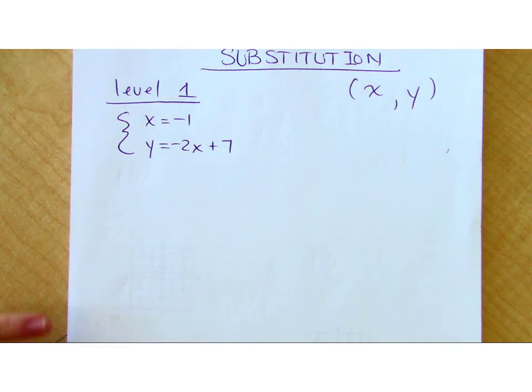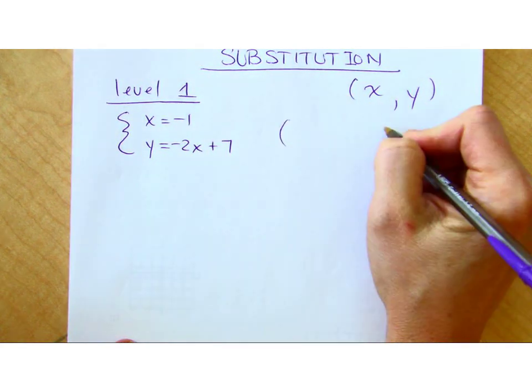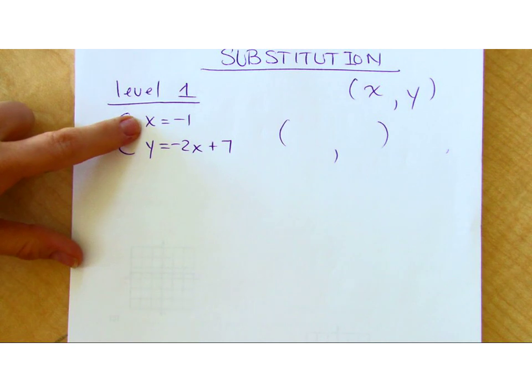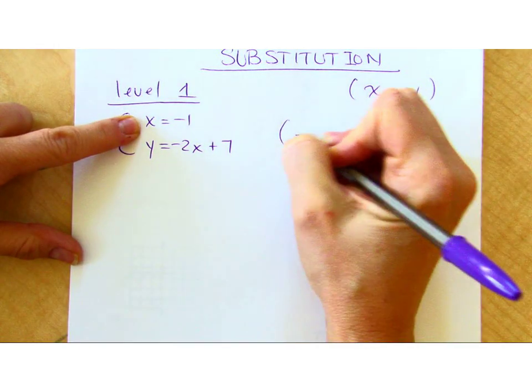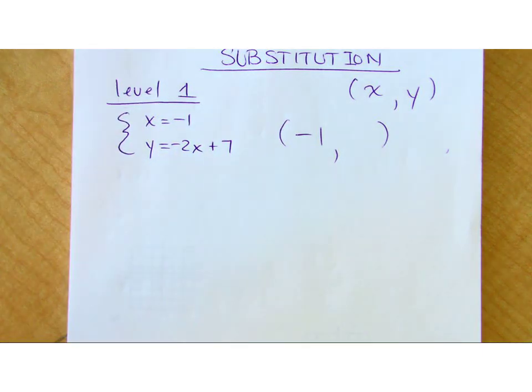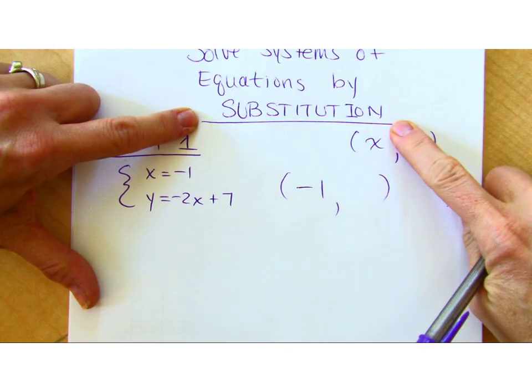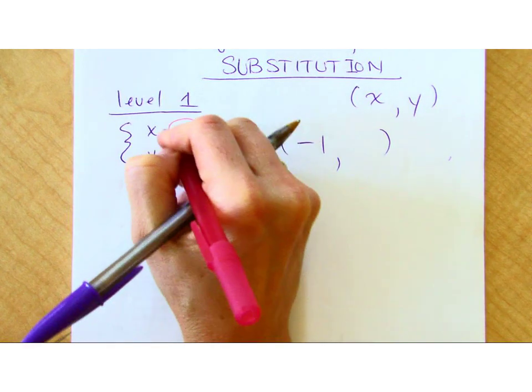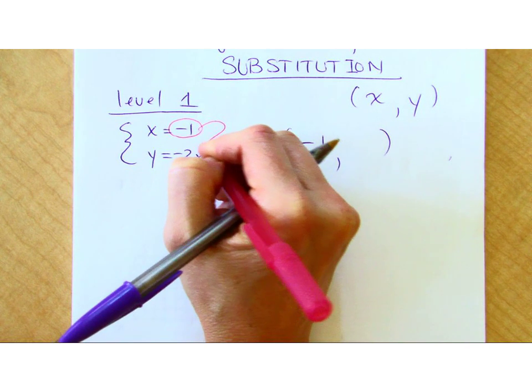So the first thing I look at is if I'm looking for an x and I'm looking for a y, this is a level 1 because they are flat out gifting you half of your answer. They're telling you, hey, by the way, the x value is -1. Now all you have to do is use substitution to find what the y value is. So you are taking the fact that this x value is -1 and you're putting it right there.